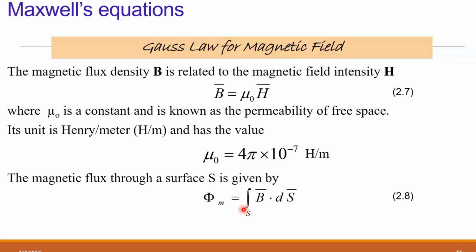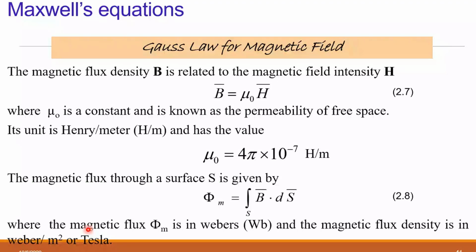What is phi m here? Phi m is magnetic flux and it is measured in Webers. It is not measured in coulombs. Magnetic flux density is measured in Weber per meter square. So Weber per meter square multiplied by meter square gives us Weber, and it has another unit known as Tesla.